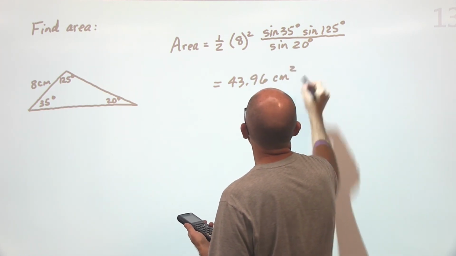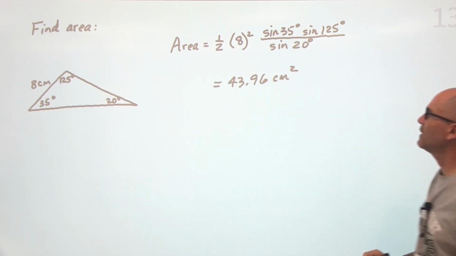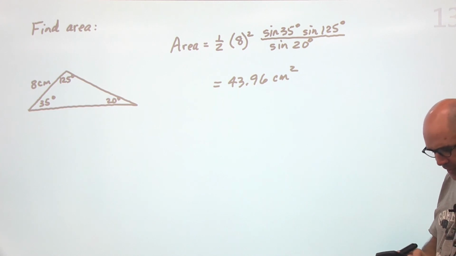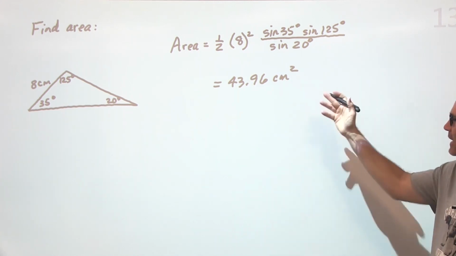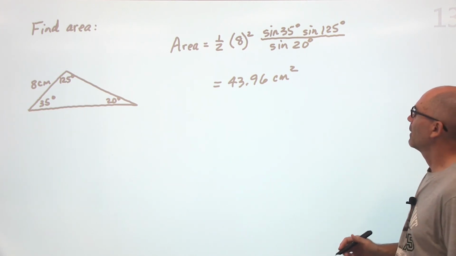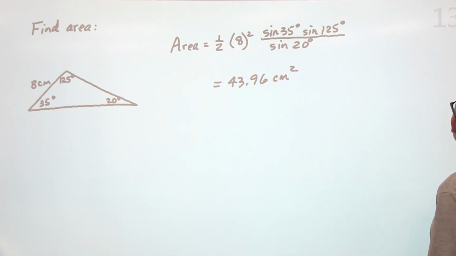Oh, this triangle is from France, so 43.96 square centimeters. And once again, with the side being 8, that's reasonable. Okay, cruising onward.